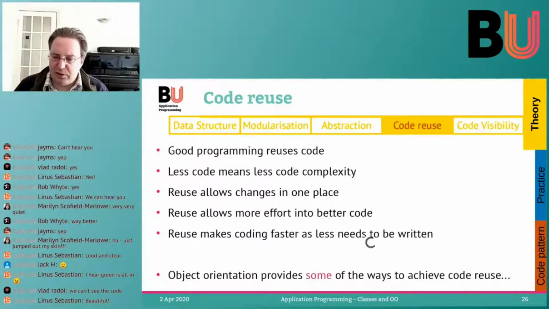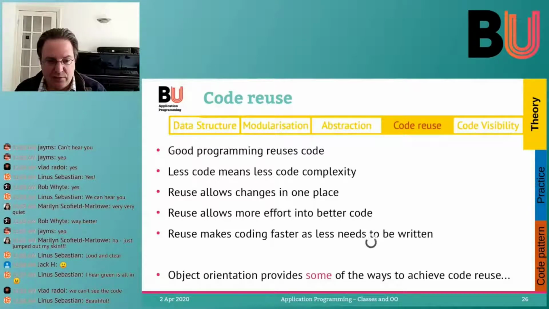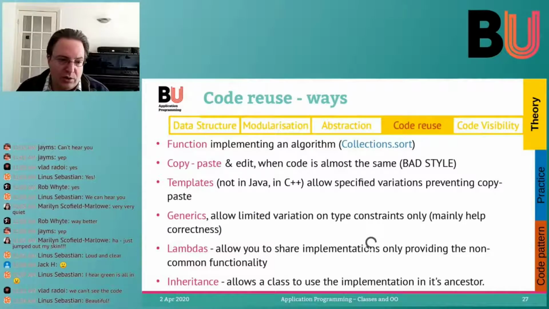Use inheritance if there's common parent behavior beyond the individual behavior of the child classes. Object orientation provides some ways of doing this, but there are other ways, such as just using functions.